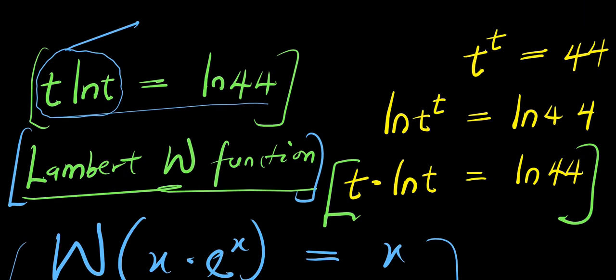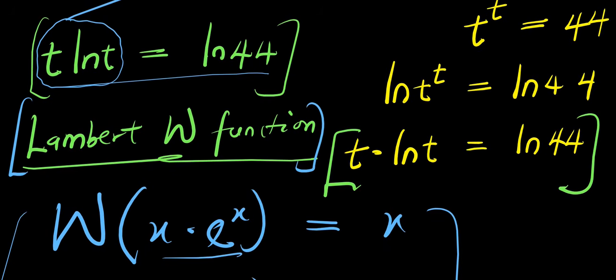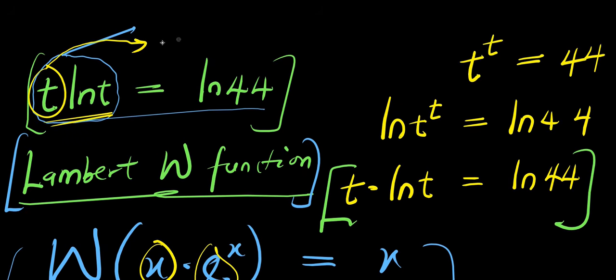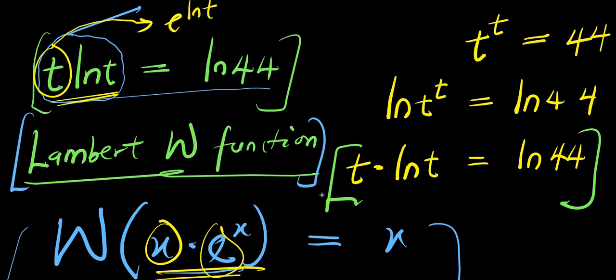So coming over here, since we are trying to model this particular form, there must be x here. That means the t here, and there must also be e. How do we input e here? So in order to achieve that, we can replace this t here with e power ln t. So we replace t with e power ln t, which is the same thing as t, because e raised to the power of ln cancels itself, and we have t as the output.